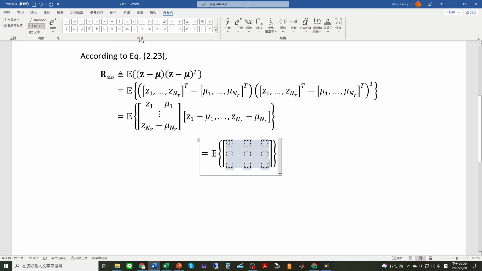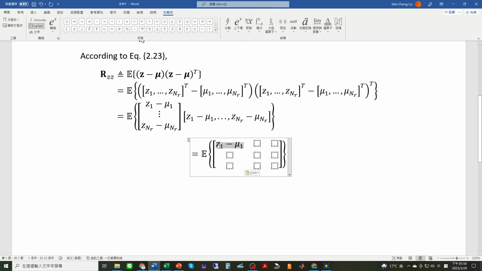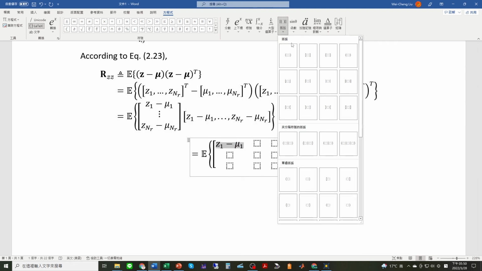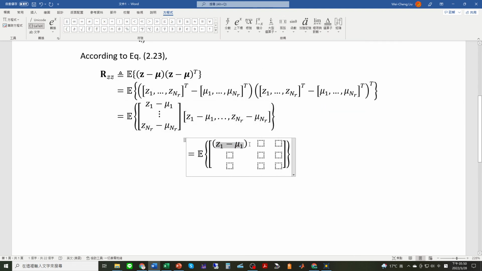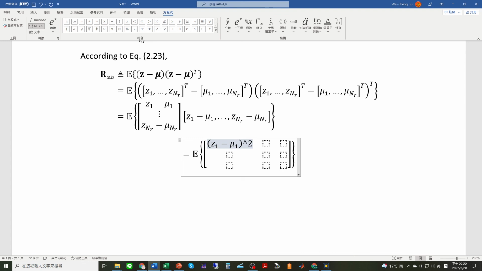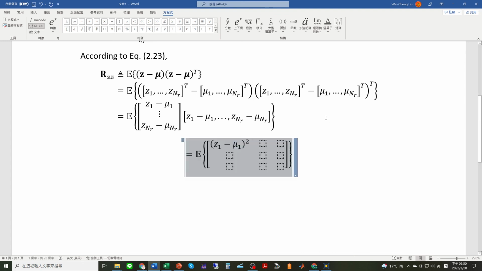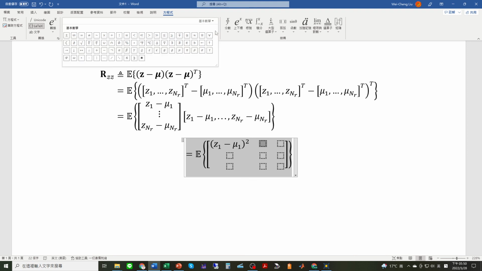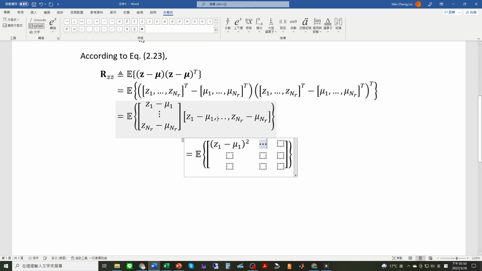The first term is z1 minus mu1, parenthesis and square. And the first row's next element is dots.